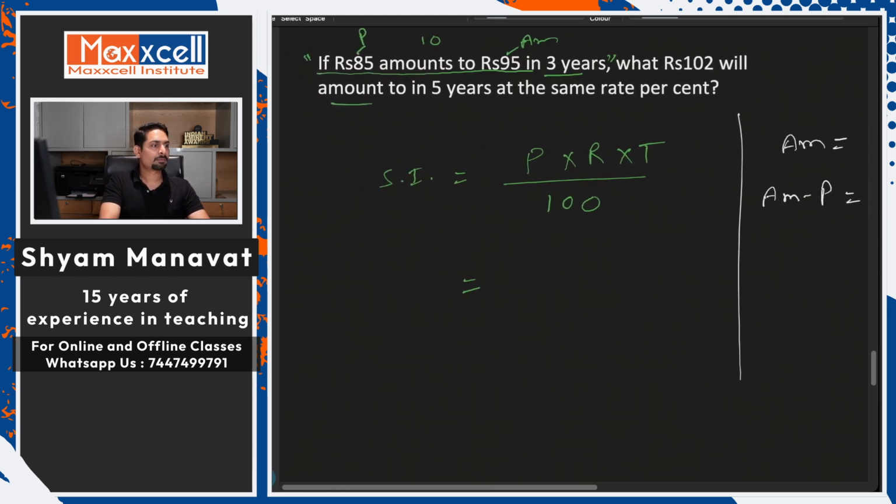So 95 minus 85, interest is 10, principal is 85. Rate of interest we need to find out. This 95 is the amount in 3 years, so duration is 3 years, divided by 100.